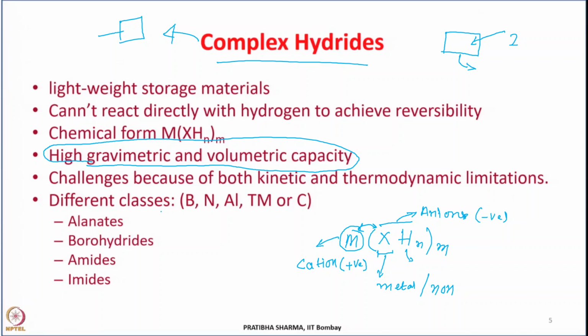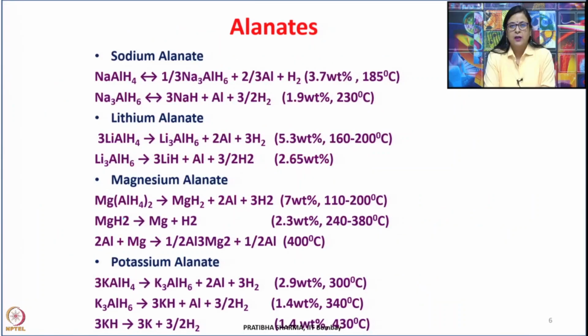The different classes of complex hydride: alanates, borohydrides, amides, imides. Alanates means there will be Al. Sodium alanate, NaAlH4: AlH4 is the anion, and Na plus is the cation. It is forming the sodium alanate.